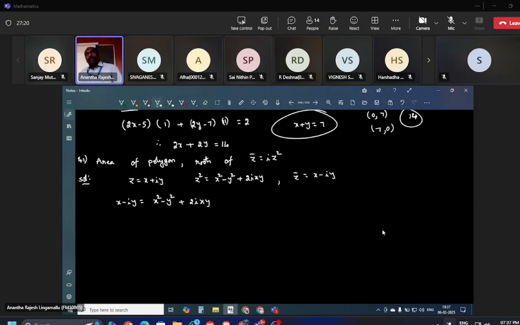Their real parts are equal as well as their imaginary parts are equal. So here what are the real parts? x is equal to minus 2xy, because i multiplies this.